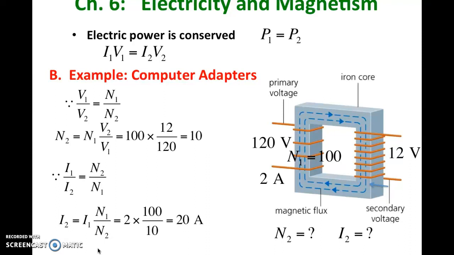From the current ratio formula, I1 over I2 equal N2 over N1, we have the current in the secondary coil I2 equal I1 times N1 divided by N2, equal 2 times 100 divided by 10, equal 20 amperes. So N2 is 10, I2 is 20 amperes.